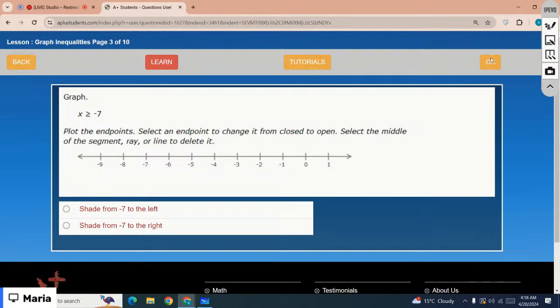x is greater than or equal to negative 7. Now, x is greater than or equal to, that means you have a closed circle on negative 7 because negative 7 is also a solution, right? And the graph is pointing to the right, shaded from negative 7 to the right.